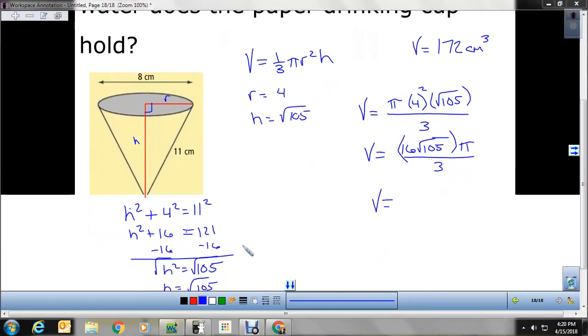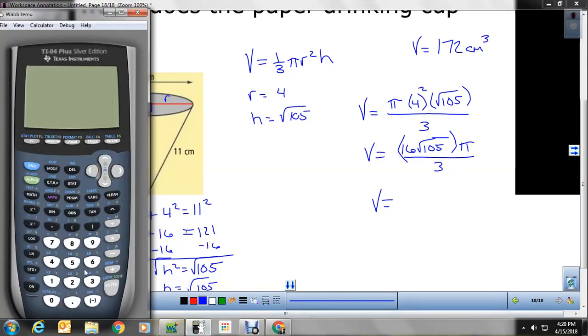So in our calculator, we'll input these numbers here. So 16, and we'll hit square root. We'll get the 105. Now, if you're going to put pi in this right here, you can hit enter and then times pi, just make sure you hit over once here to get it outside the radical.